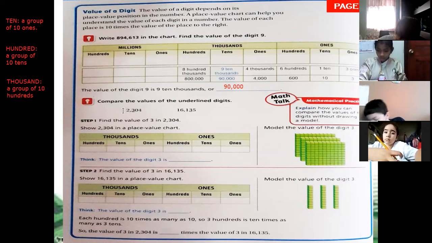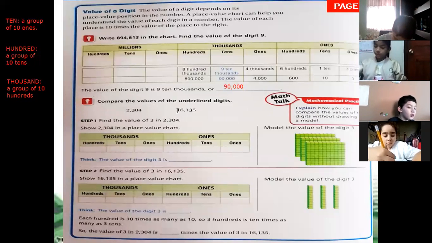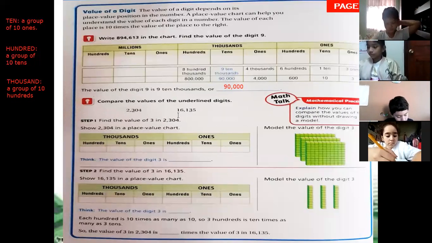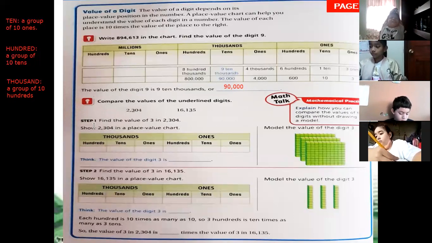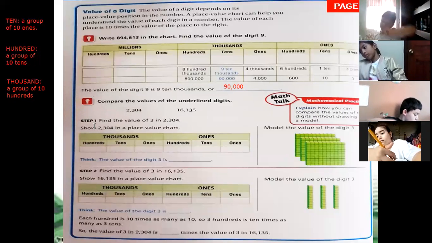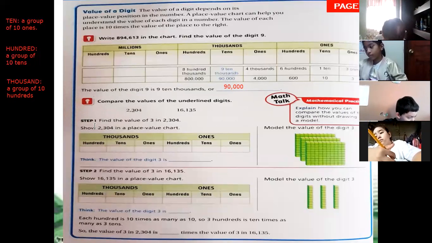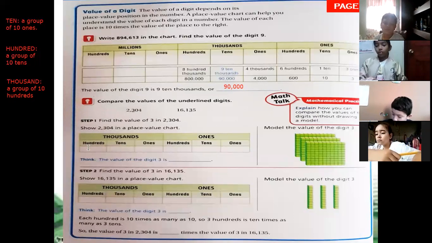We have this number, 2,304. This other, 16,135. What do we have to do? We have to find the value of 3 in both numbers. The value of 3 in 2,304. We have to copy, look at the screen, please.